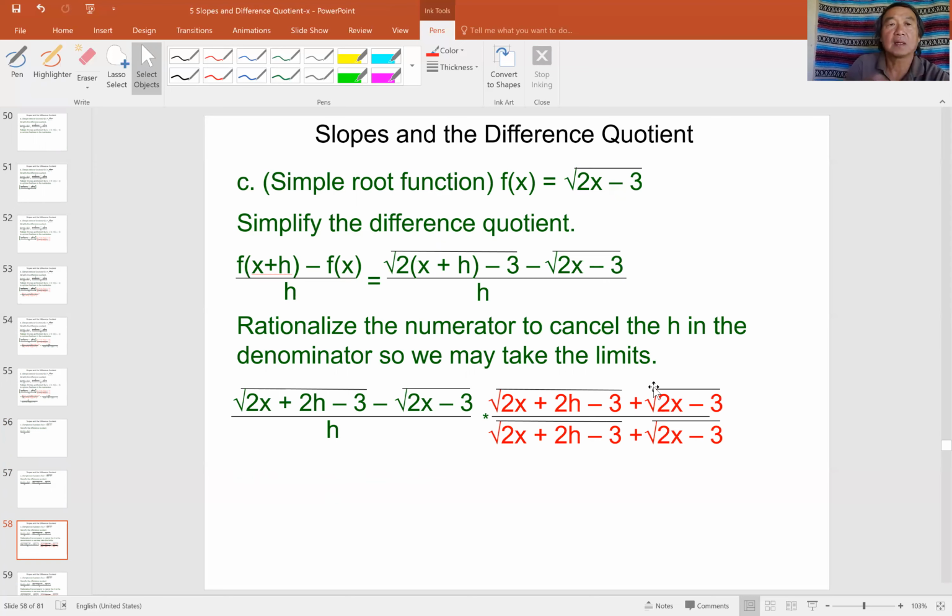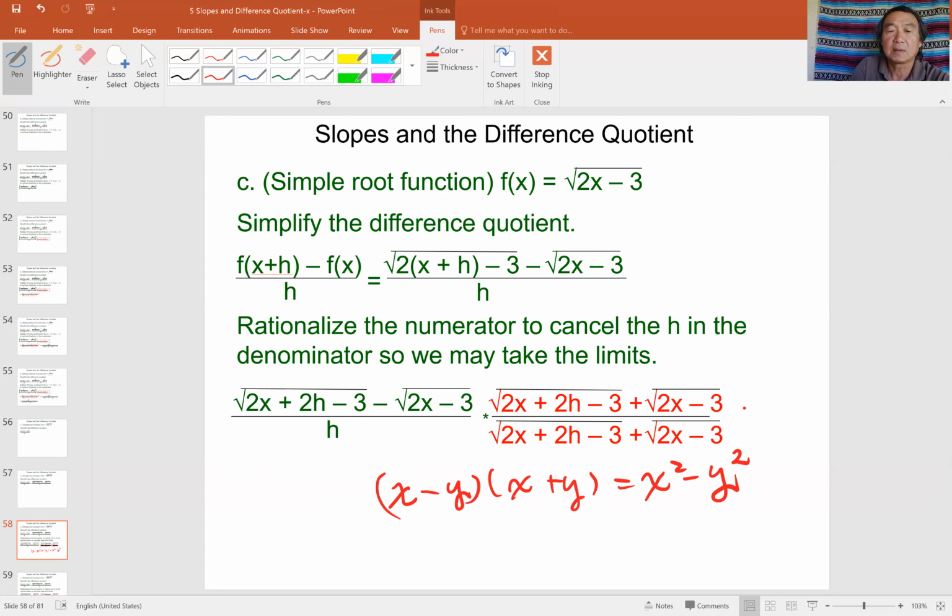And the trick I'm using here is the formula x minus y times x plus y is x squared minus y squared. This is the x I'm talking about, this is the y. So x minus y times x plus y.